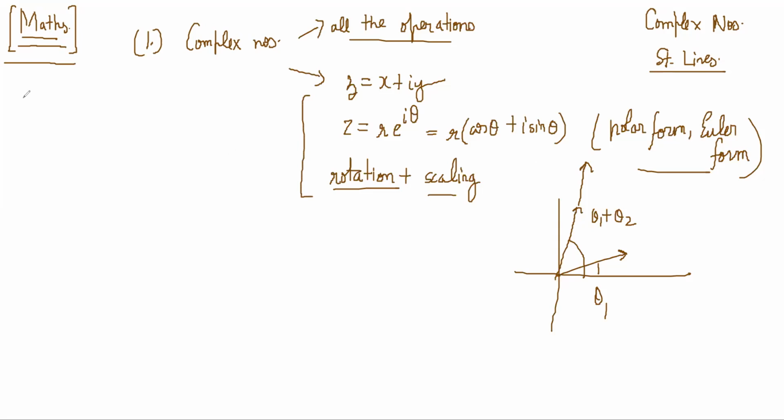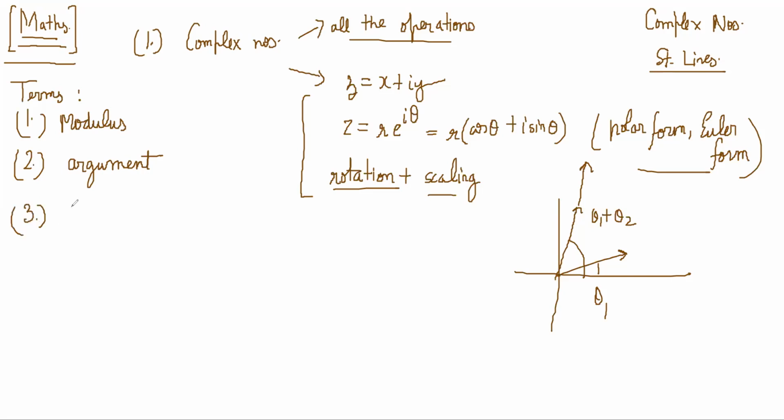Now in this class, we'll look at some terms associated with complex numbers, like modulus and argument. Once we have done modulus and argument, we will look at geometry with complex numbers.